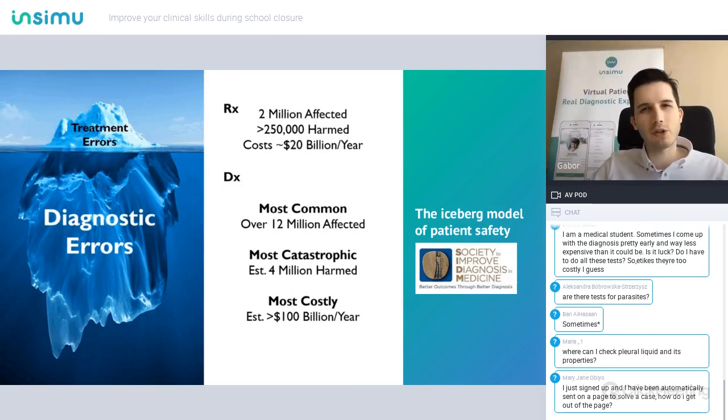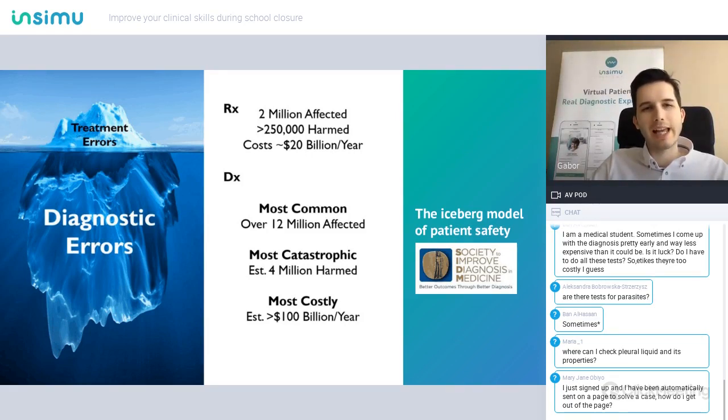However, diagnosis is very complex, and you don't have time to go into more details in the publications. You have to know it by heart, and you have to be ready to make the decisions.